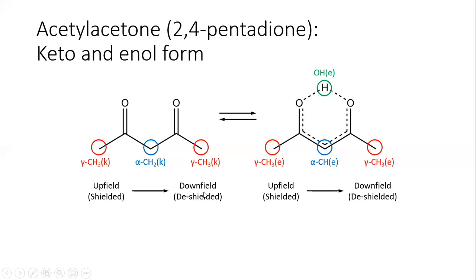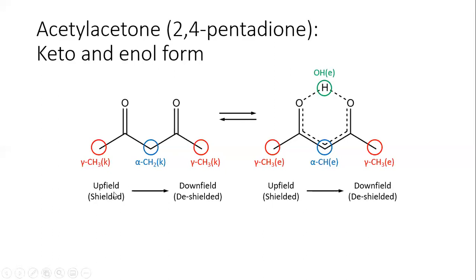While a deshielded proton means that the electron cloud surrounding the proton is getting pulled by, for example, an electron withdrawing group. And so it feels the external magnetic field more.